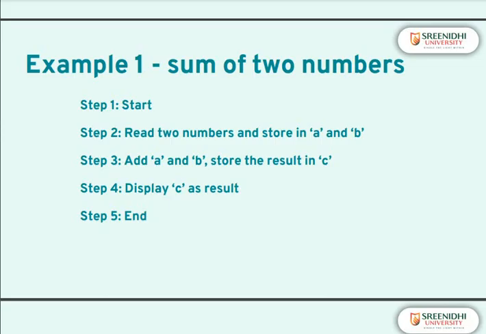So read two numbers and store them in A and B. A and B are the variables. Now add A and B and store the result in C. C is equal to A plus B. Step 4, display C as result or write C as result.